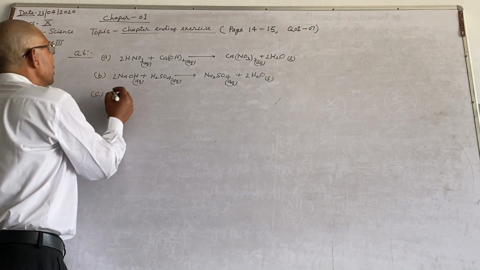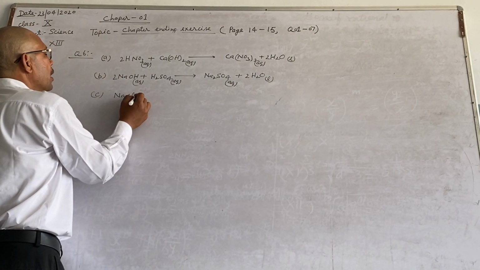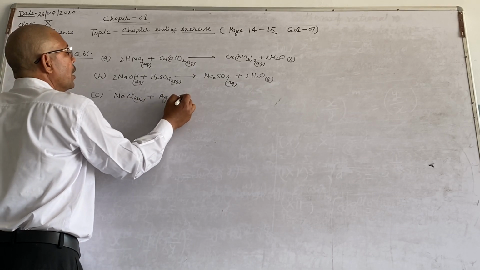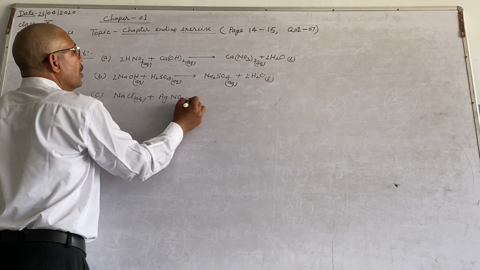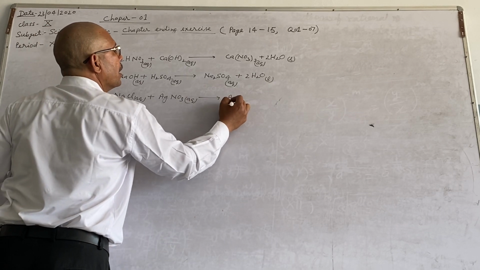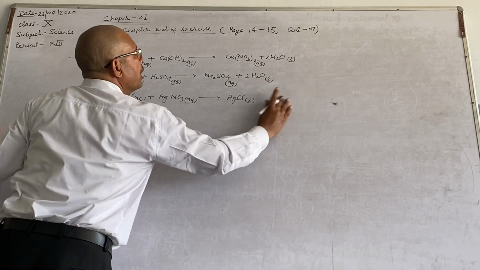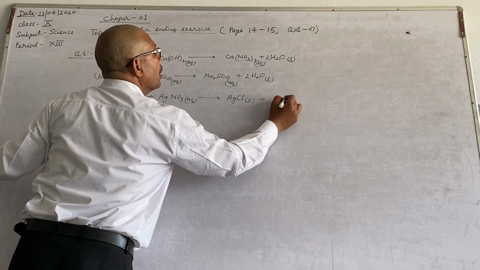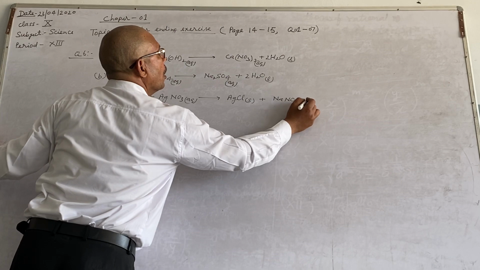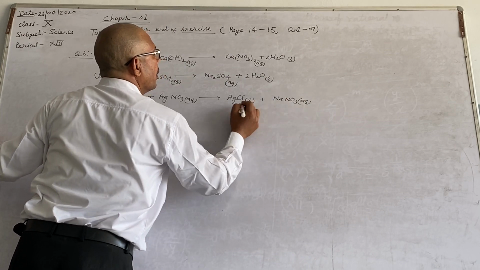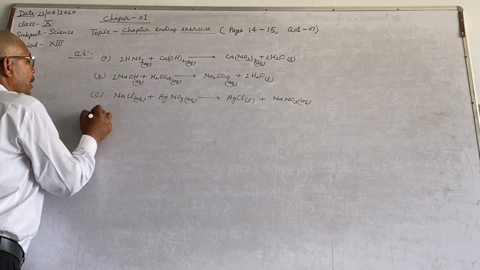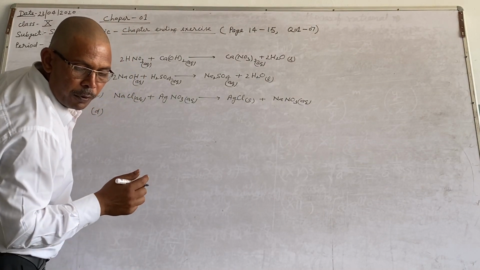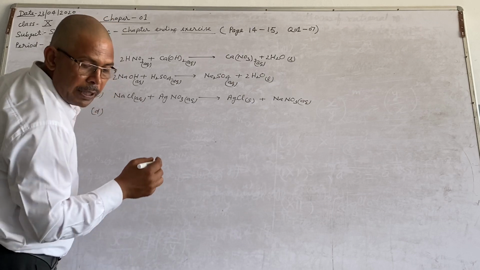This is already balanced. NaCl aqueous plus AgNO3 aqueous. After reaction they produce AgCl, a white precipitate, and NaNO3. And BaCl2 plus H2SO4 gives BaSO4 plus HCl.